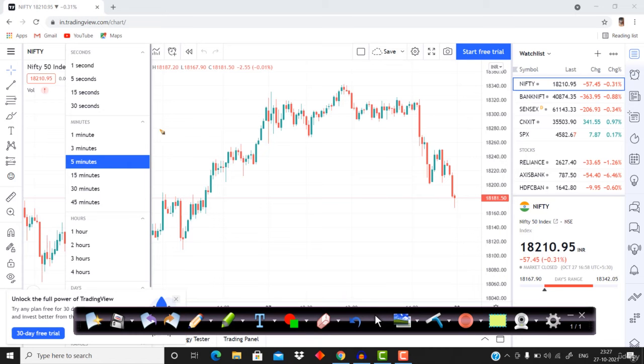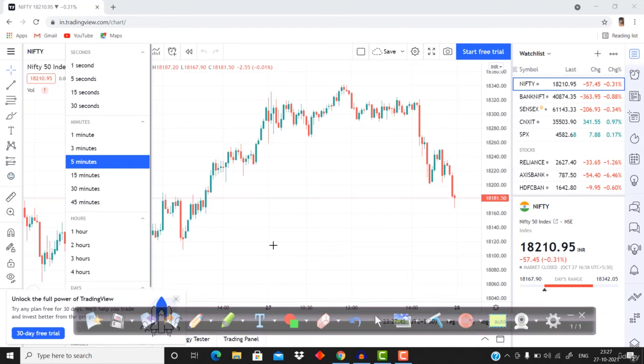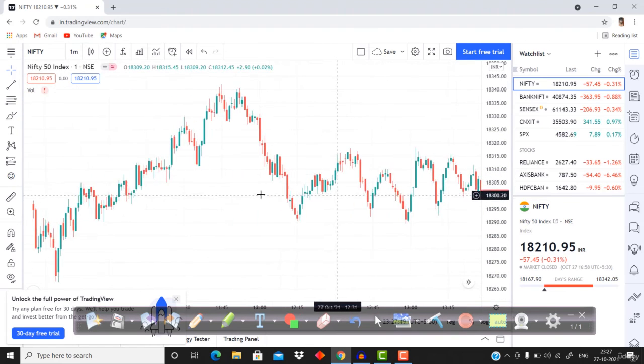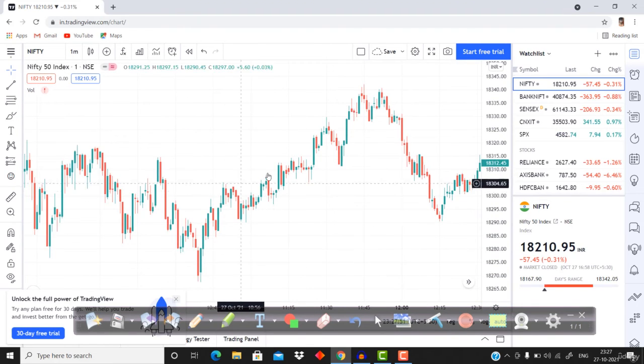Now again, the question is which one is the best, and why can't we choose 1 minute as a beginner. See, if you are a disciplined trader, or if you have lots of patience, then fine. But if I choose the 1 minute, you will see lots of up and down, like 2 green candles, 1 big red candle.